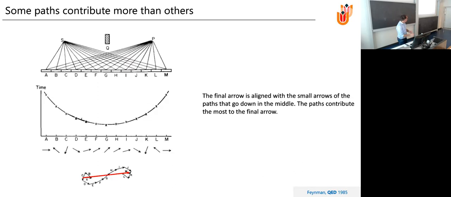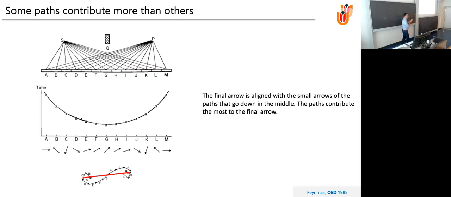I want to briefly take you back to the quantum electrodynamics that we discussed earlier, because there is some kind of analogy. You remember this slide where there was a mirror that was divided into a few segments.